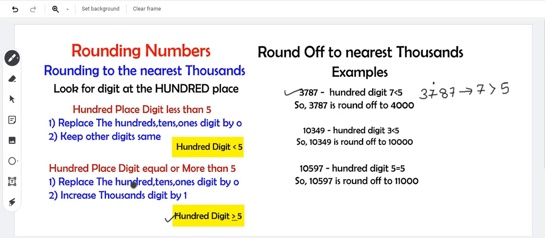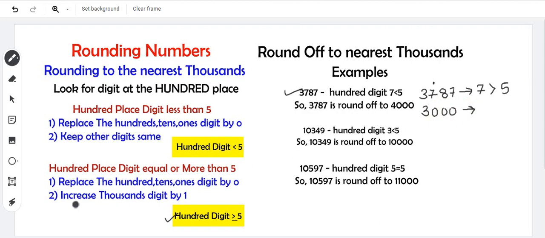First is replace the hundreds, tens and ones digit by 0. In this number, the hundreds digit is 7, tens is 8 and ones is 7. So all three digits are replaced by 0. Okay.